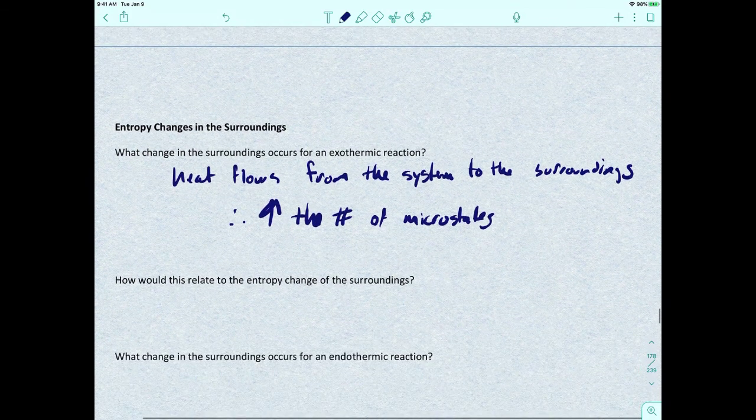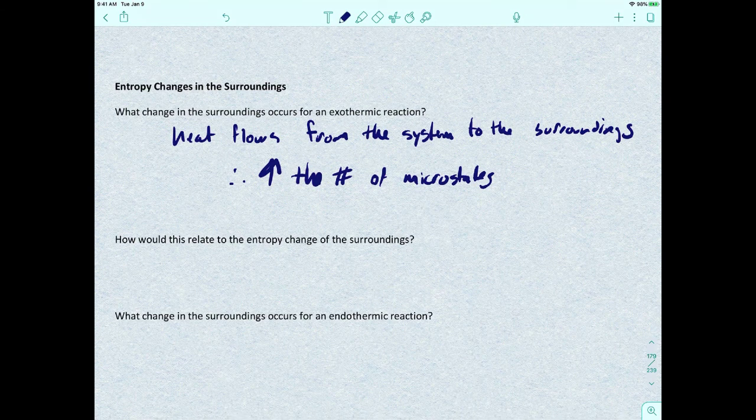Now, how would this relate to the entropy change of the surroundings? That means the change of the entropy of the surroundings has to be greater than 0.